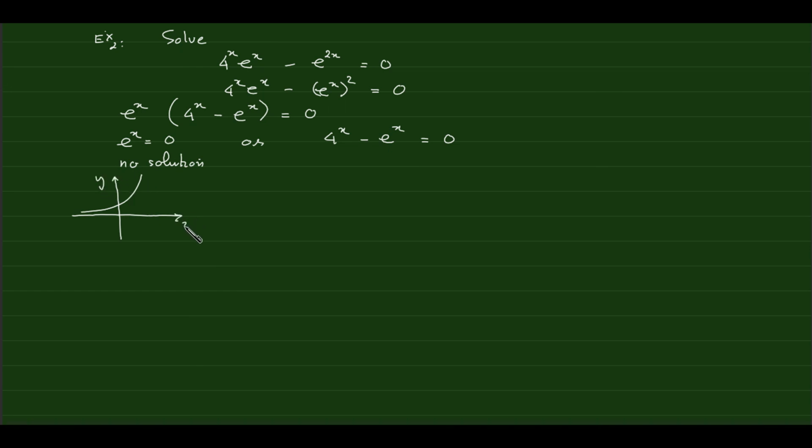Okay. For this one, you see that if I flip this one over here, the base is such that there's no way we can convert it to the same base. So you're going to take the natural log of both sides. ln 4 to the x, ln e to the x, and you drop the exponent down to the front according to one of the log properties: x ln 4 equals x, because ln e gives you 1.